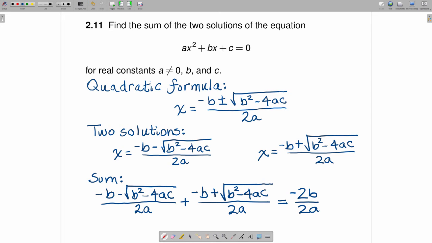Now you'll notice that these two 2's both cancel, the one in the numerator and the denominator. So this becomes just negative b over a, and that in fact is the sum of the two solutions to this particular quadratic equation.